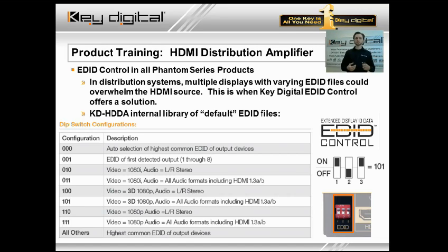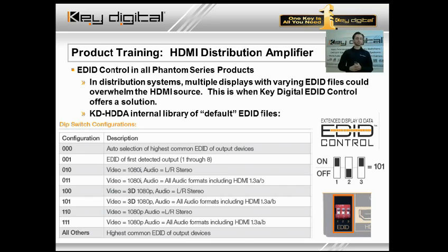So this is a very good installation method to perhaps utilize some power sequencing. If you have multiple display devices connected, you always want to power up first the display which you'd like to take the EDID file from. And again, we pull it, we store it internally in our device, and then we relay it to the source.